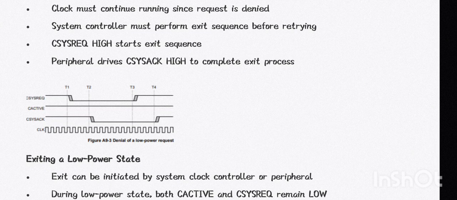The clock must continue running since the request is denied. The system controller must perform the exit sequence before retrying CSYSREQ. CSYSREQ high starts the exit sequence. The peripheral drives CSYSACK high to complete the exit process.